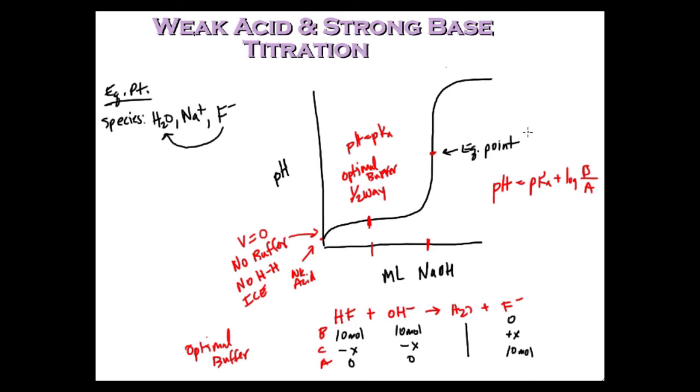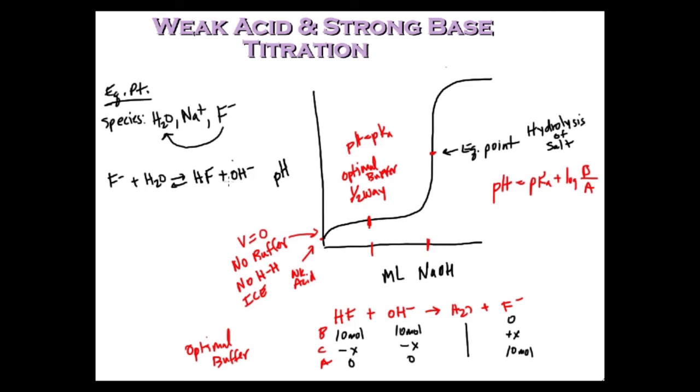So at the equivalence point, you have hydrolysis of a salt. What that means is that that fluoride ion is going to react with the water, and you're going to end up having a reaction equilibrium where this forms HF and it forms your OH minus.